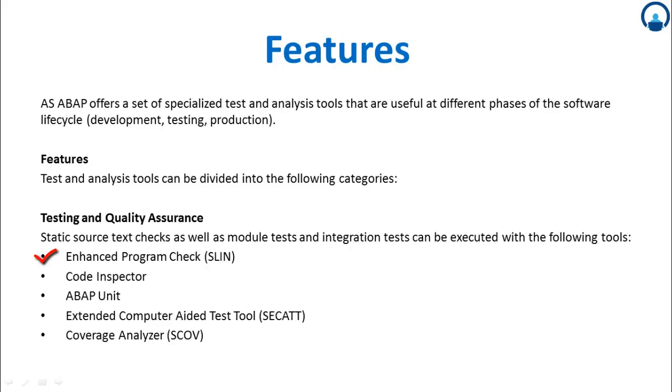For checking that, we use the transaction code SLIN. Then we have the code inspector tool. Then we have the ABAP Unit tool. Then we use the extended computer aided test tool, which is transaction code SECATT. Then we have the coverage analyzer tool, which is transaction code SCOV. So these are the testing and quality assurance tools.